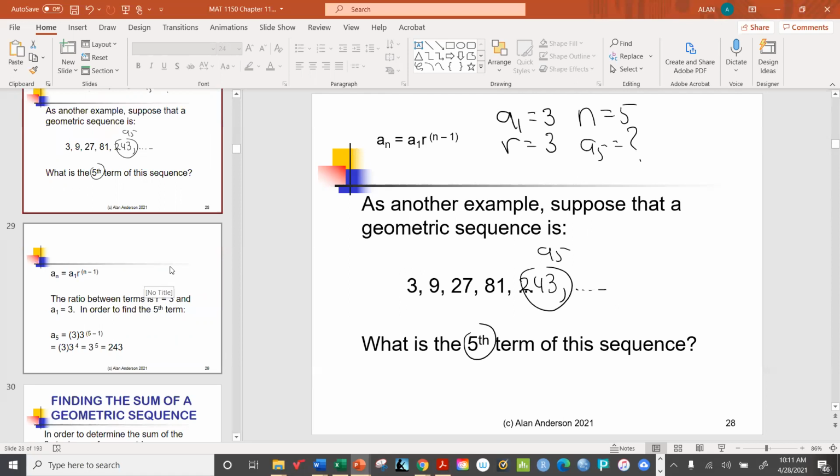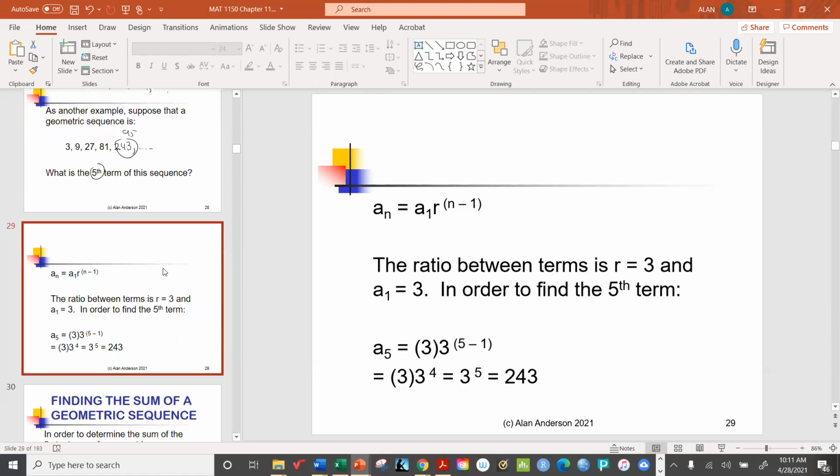Okay, so let's plug in the numbers. So again, now we started this one with a1 is 3, but by coincidence, the ratio is also 3. And so here we have n minus 1. And again, remember here that n is 5. We're looking for the 5th term. So we've got 3 times 3 to the 4th, which can be written as 3 to the 1st power times 3 to the 4th.